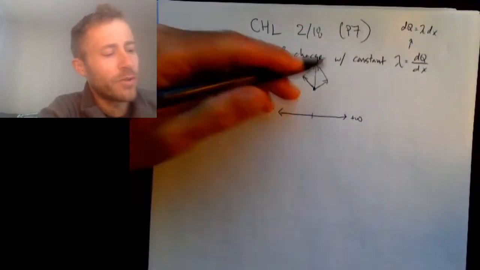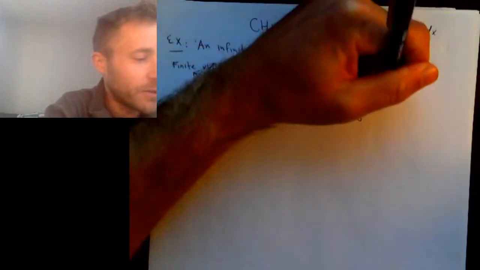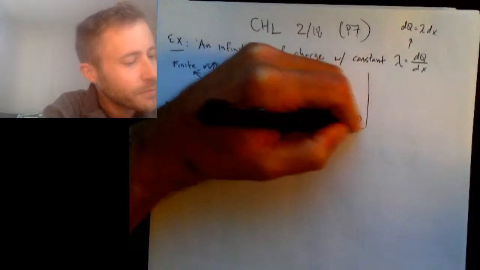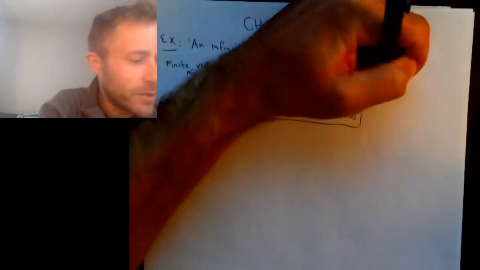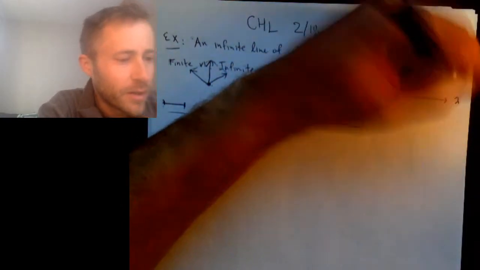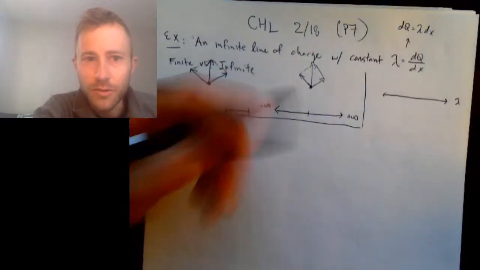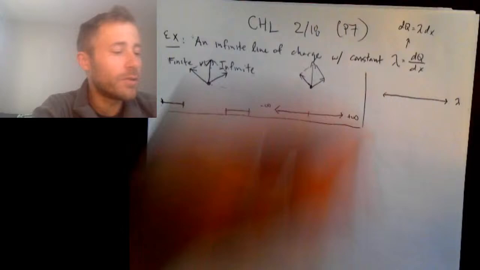How do the electric field lines point if you have an infinite line of charge? So let's say you had an infinite line of charge and you're viewing it from the side. So here is lambda. Well, if the electric field is vertical, then that means that the electric field lines have to be vertical lines.